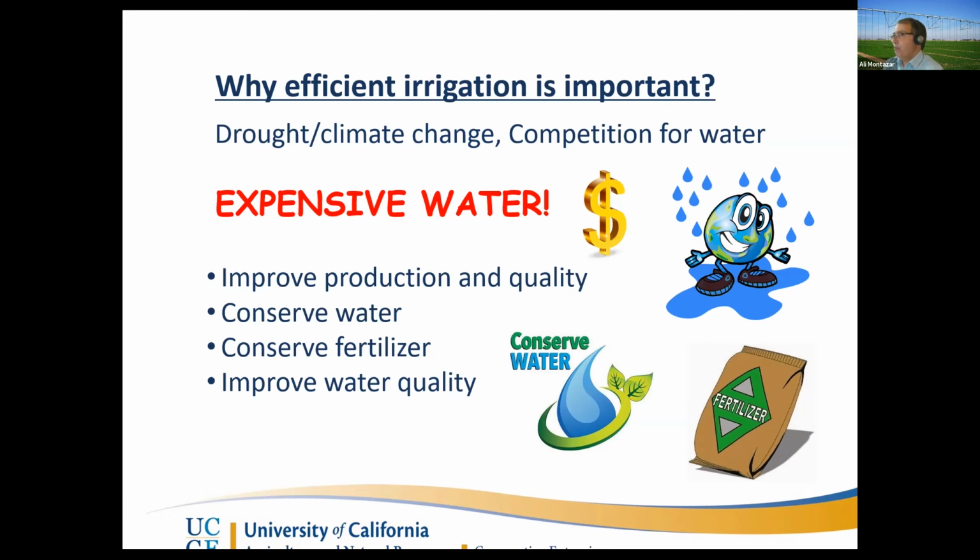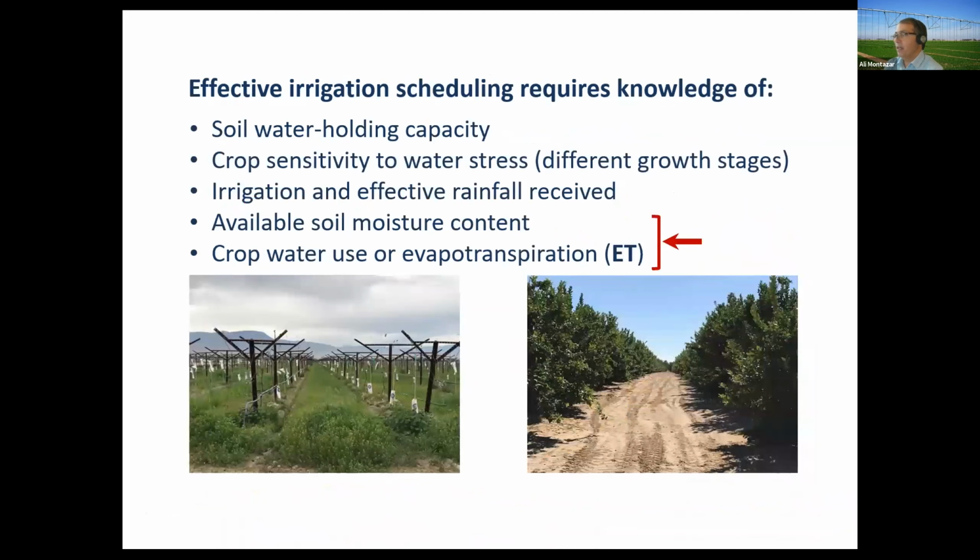With efficient irrigation, we can improve production and quality. A lot of plant diseases are irrigation related issues, so we can reduce all those. We can conserve resources, specifically water and fertilizer, and as a result, improve water quality, which in San Diego County is very important for all of us.